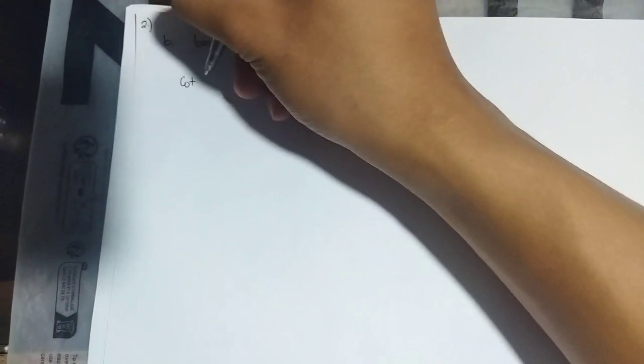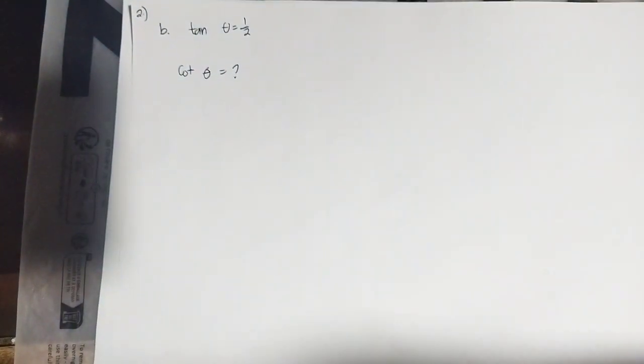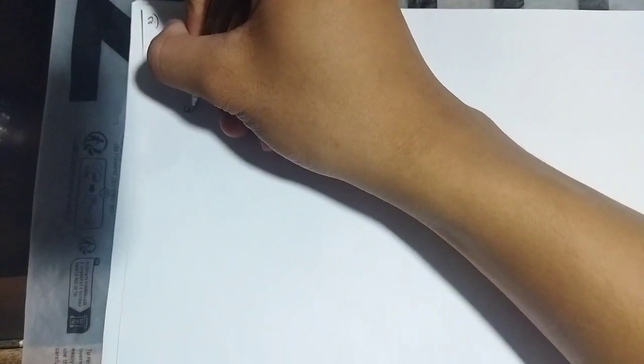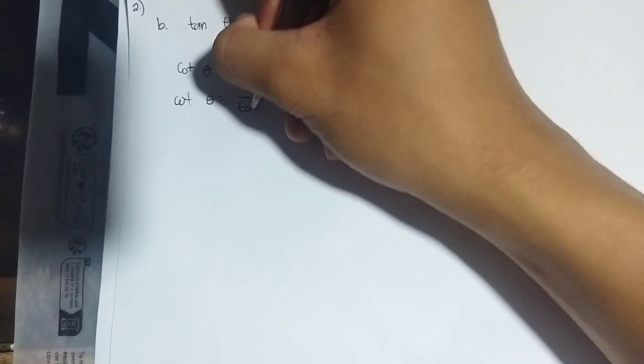Next is we have problem B. So in problem B, we have tan theta is equal to 1/2. So we find first the cotangent. So in cotangent, we use reciprocal identities. So we have cotangent theta is equal to 1 over tangent theta.